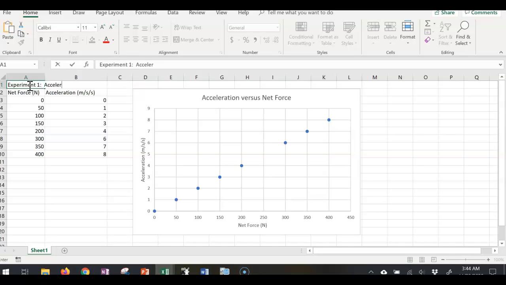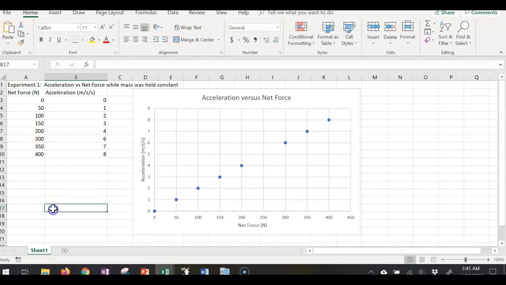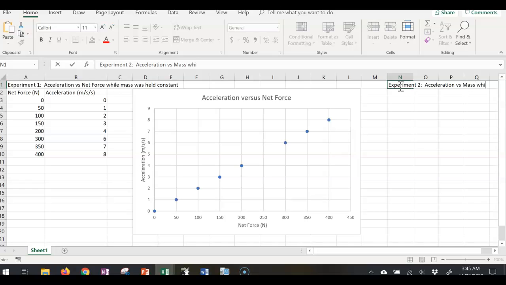This was acceleration versus net force while mass was held constant, just so I don't forget. And then I'm going to come over here just somewhere to the right, and this is where I'm going to put the data for experiment 2, which is acceleration versus mass while net force was held constant.